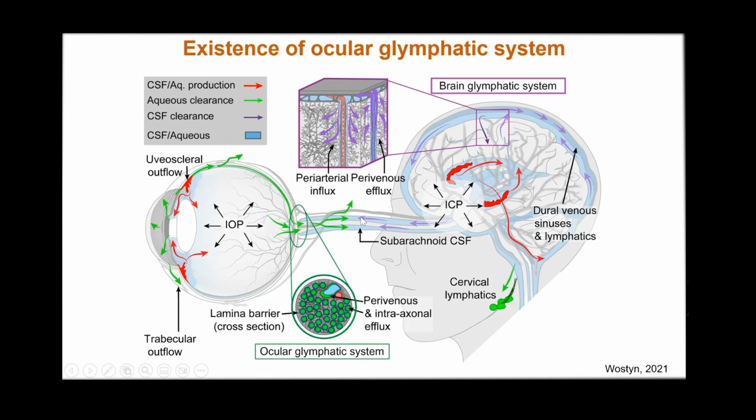And this has been extensively studied in conditions such as glaucoma, where you have an increase in the intraocular pressure, which can affect the CSF flow along the optic nerve. And this also has implications in astronauts who experience optic disc edema, which has been shown to affect the CSF flow.